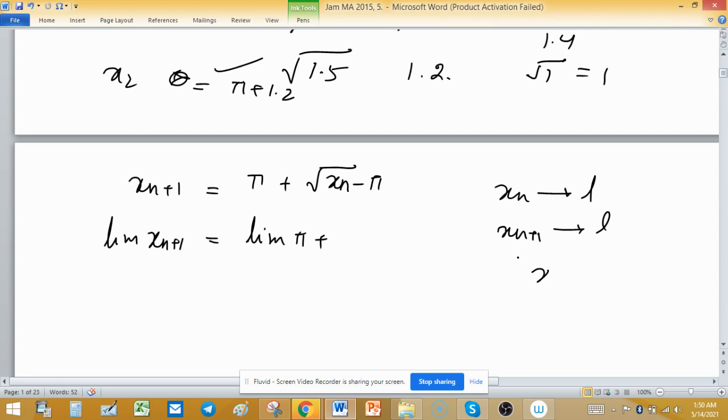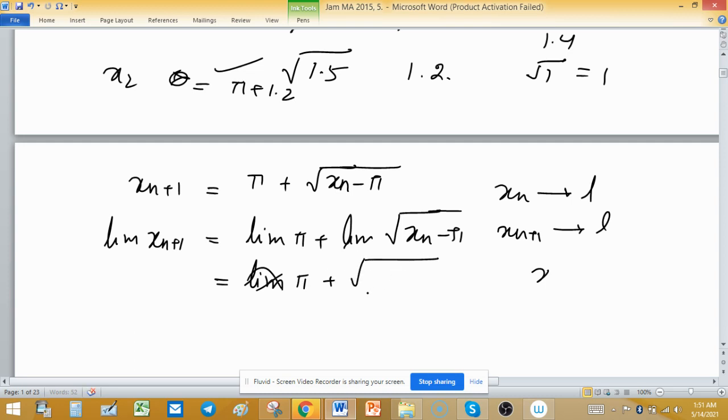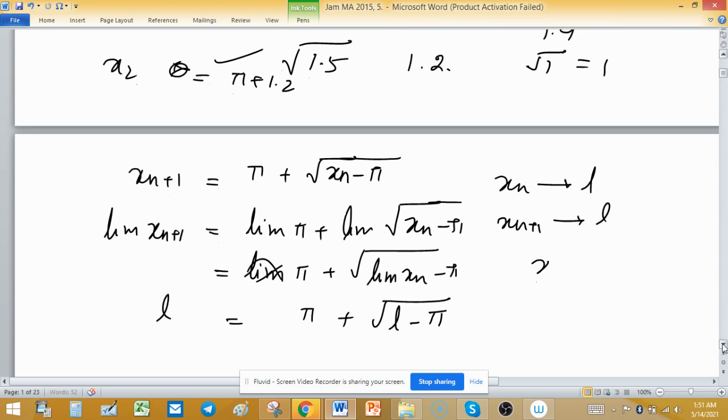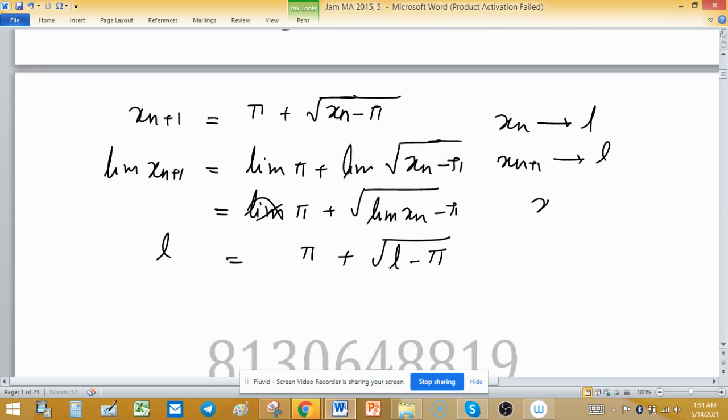The limit of a sum is the sum of individual limits, and you can take the limit within the square root. The limit of pi is pi, as it is a constant sequence, and the limit of xn minus pi is L minus pi, inside the square root. So pi plus the square root of this value, and the limit of xn plus 1 is also L.